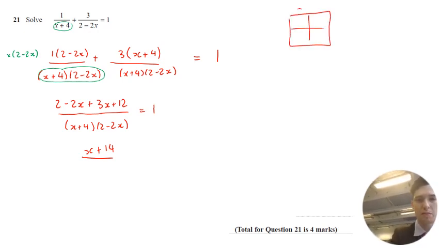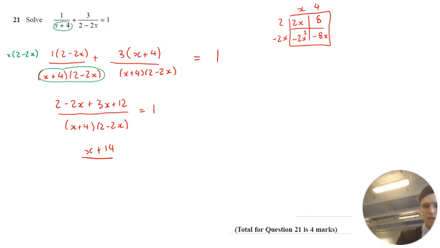I'm going to have to do this at some point, so I'm going to do it now. So I've got minus 2x squared minus 6x plus 8 equals 1.